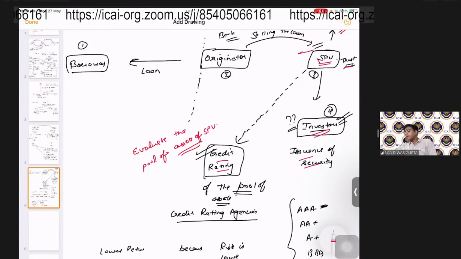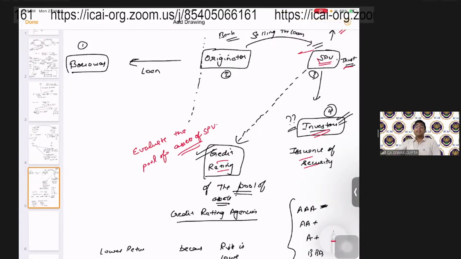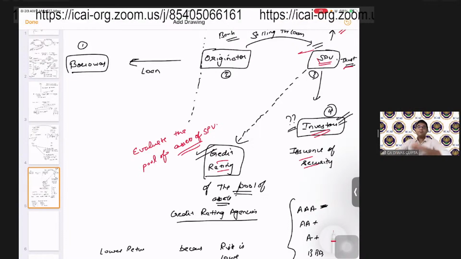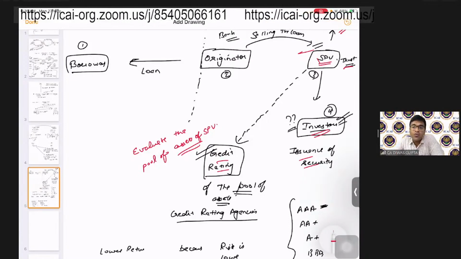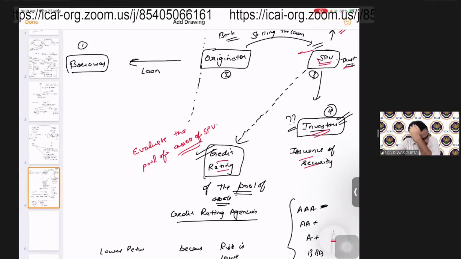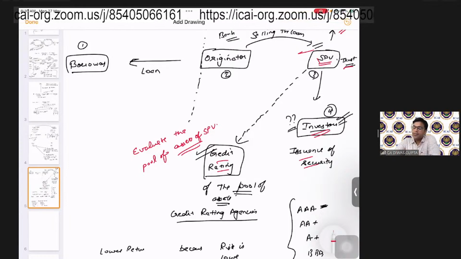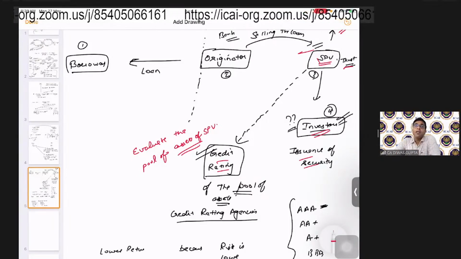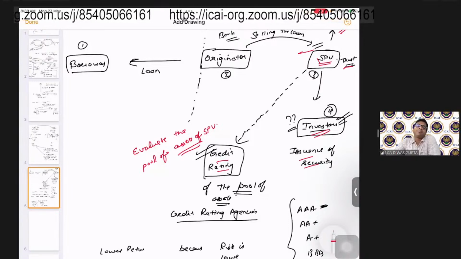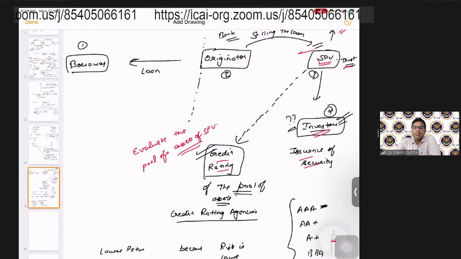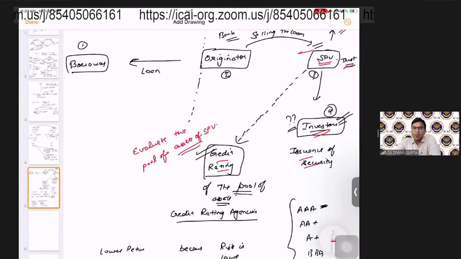There are a lot of credit rating agencies, students, and this is a very critical step, I can tell you. Because if the credit rating goes for a toss, then investors will suffer, the SPV will suffer, even the originator will suffer. Okay. So this is a very important point.